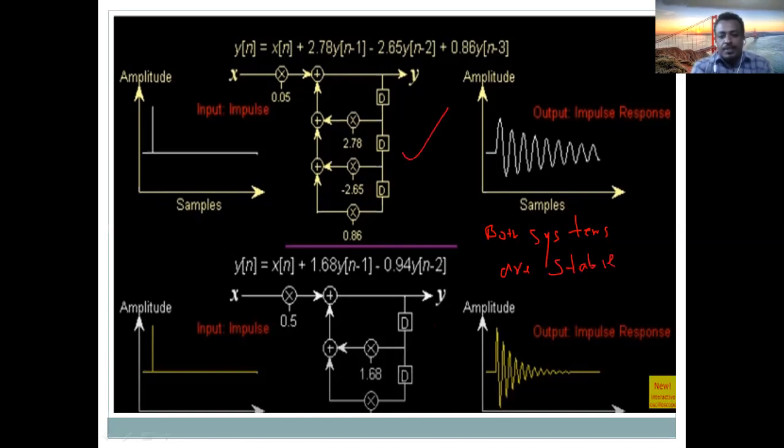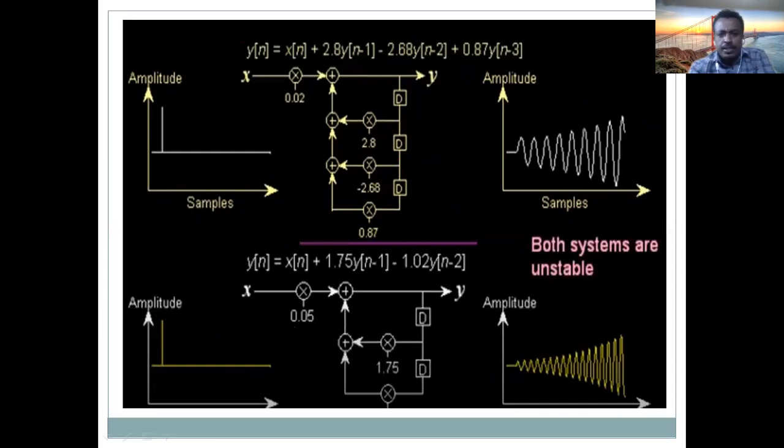Because for bounded input, we have bounded output. That is BIBO stability. The output decreases; it does not increase continuously. If your output increases without any limit, the system is unstable, right? So both these two systems with the difference equations you see here are stable. How about these two systems with the difference equation here and the difference equation here? So you can see the system. How do you get this difference equation?